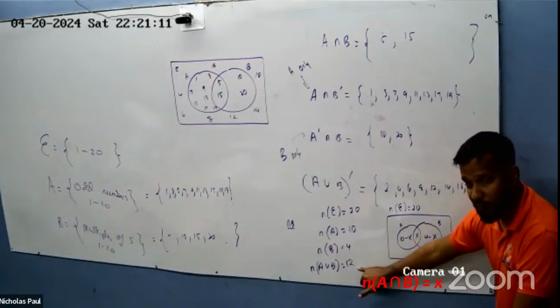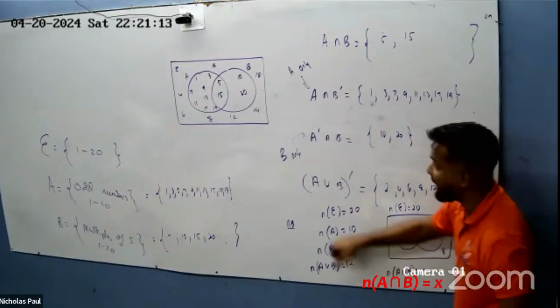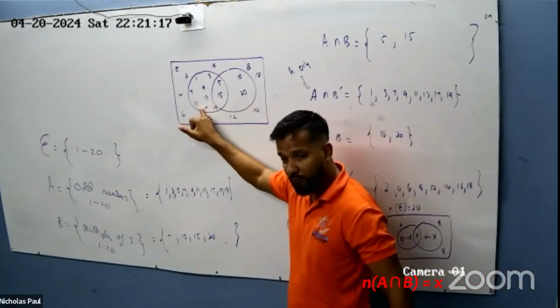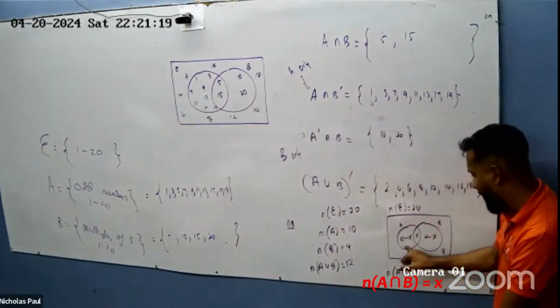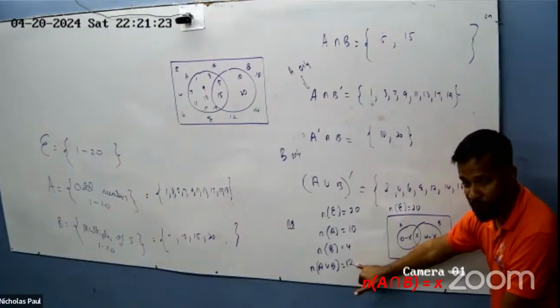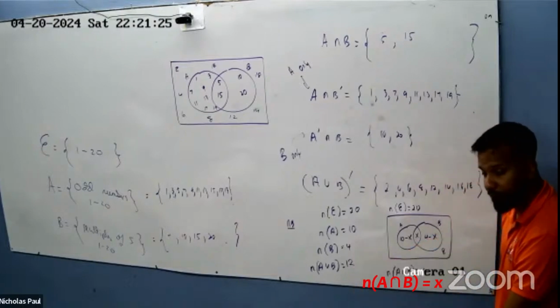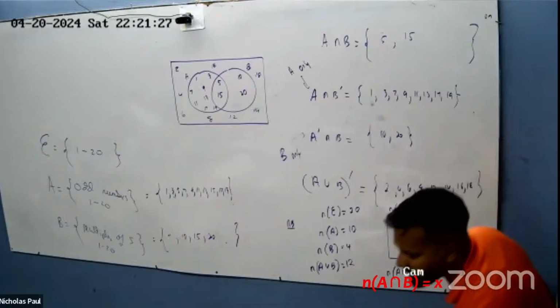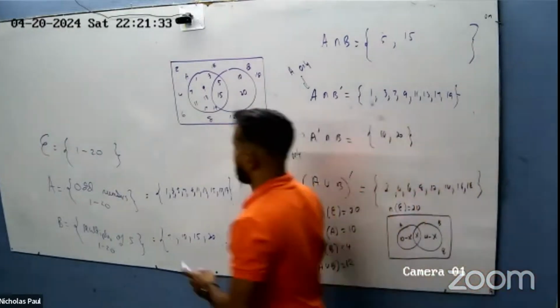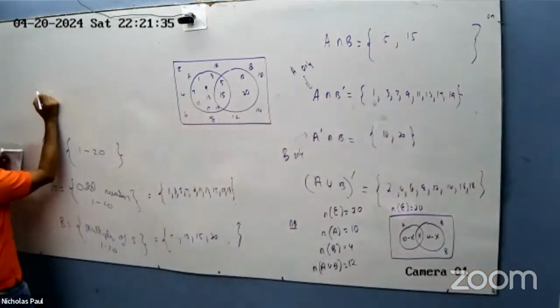And how did I get the union? I add up here and here to get the union. So if I add up here and here, I'll get 12. All okay with that? So how do I find the intersect?